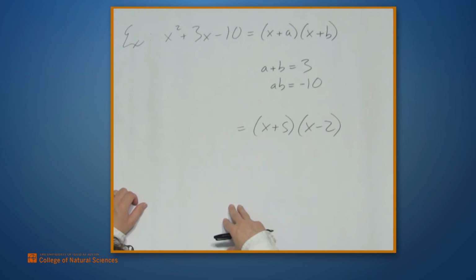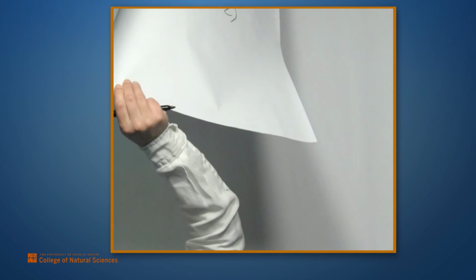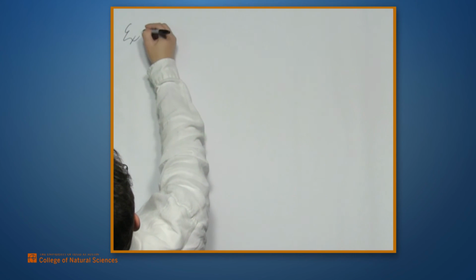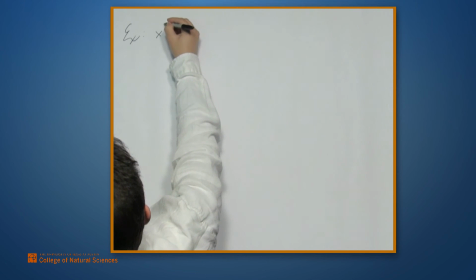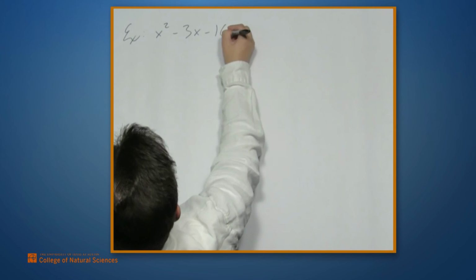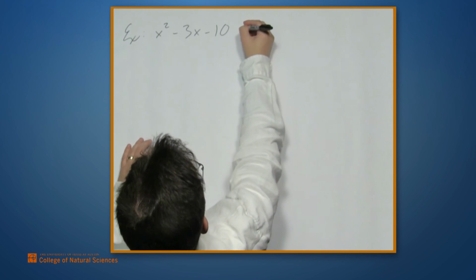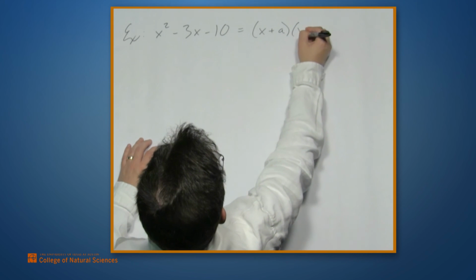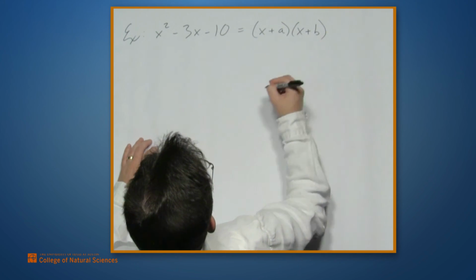Let's look at one more example. This time, let's look at x squared minus 3x minus 10. Same setup. We'll set it equal to (x plus a) times (x plus b).